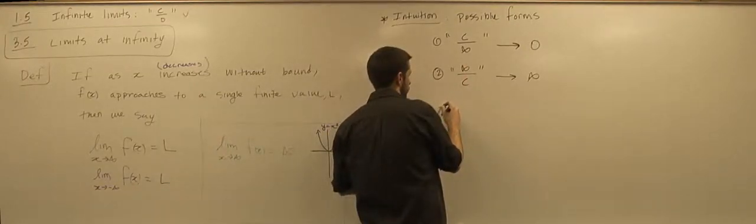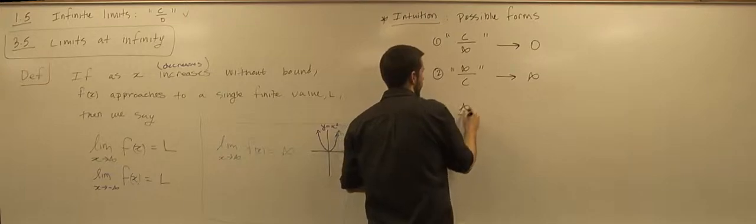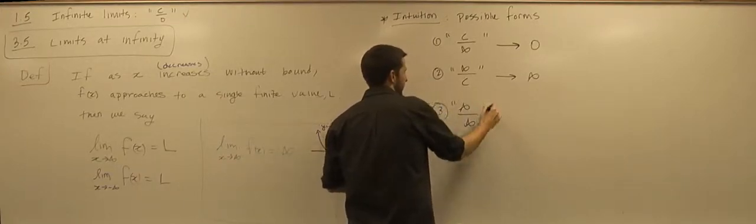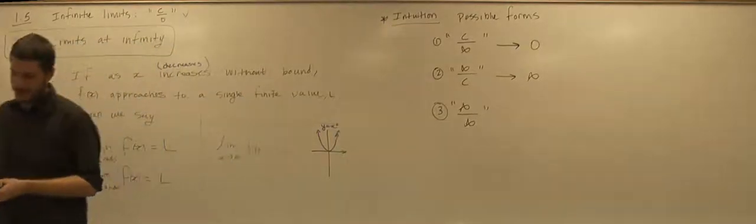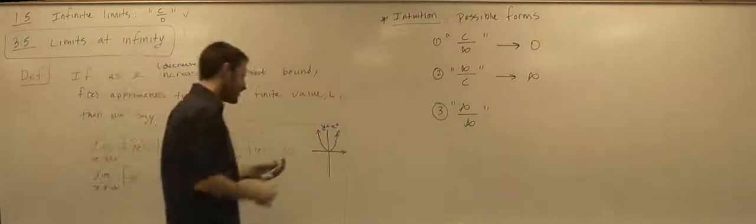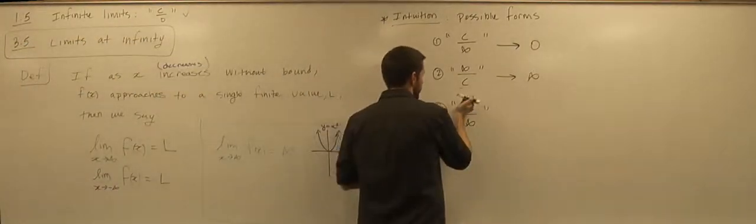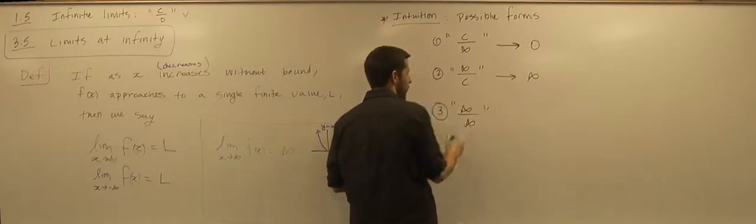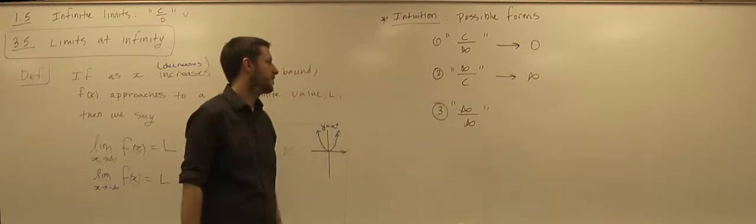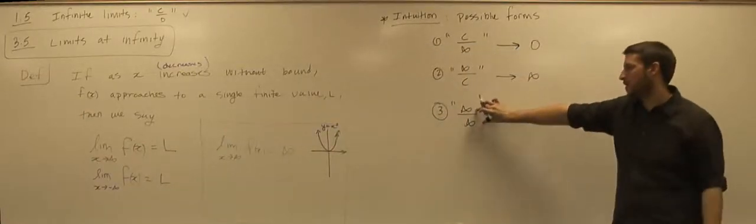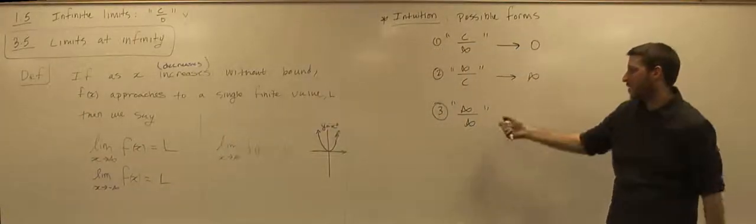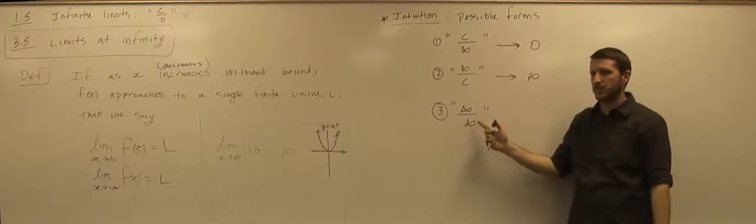Now, the last kind of annoying form, infinity over infinity. This is another indeterminate form. You can't say anything without more analysis. If these are both growing without bound, then I don't know. It depends on which one grows faster, what this goes to.